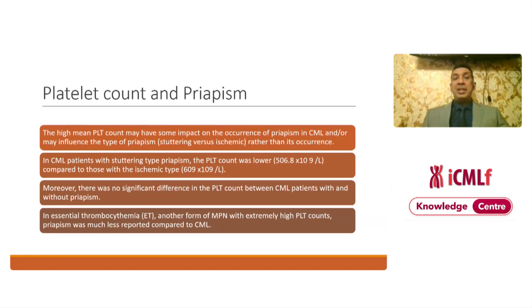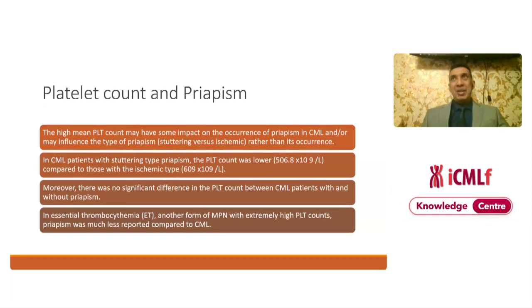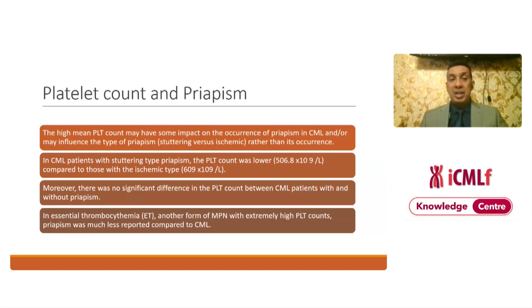The high mean platelet count may have some impact on priapism in CML, but it may influence the type of priapism rather than causing it, because we have seen that patients with a higher number of platelets, more than 600, are moving more toward ischemic priapism, while those with a platelet count around 500 are more toward stuttering priapism. In CML patients, stuttering type priapism had a lower platelet count compared to the ischemic, as just illustrated.